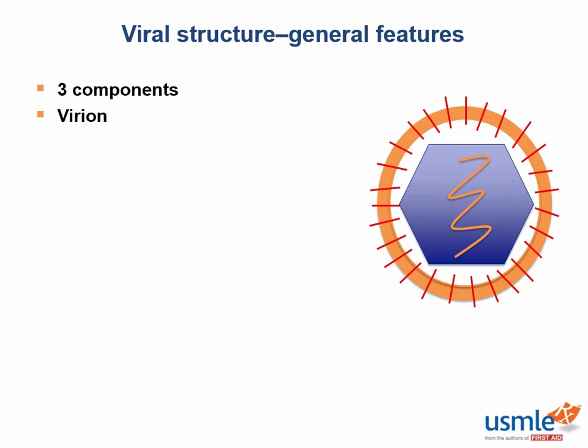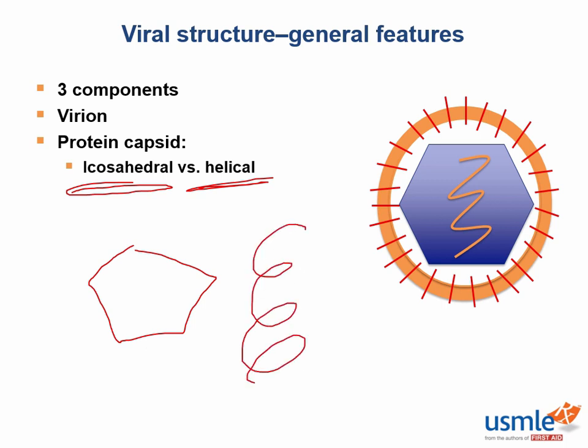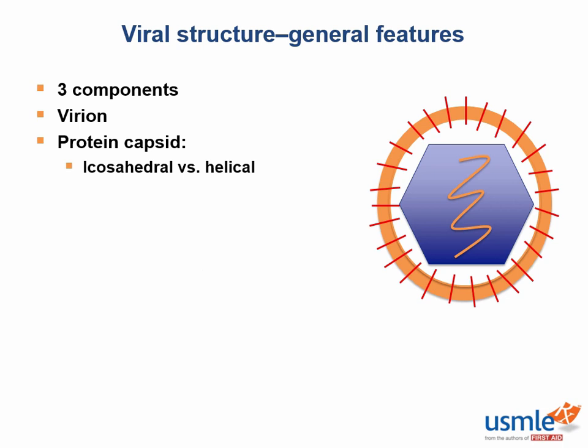The protein capsid can take one of two shapes. The key shapes it can be are icosahedral or helical. Icosahedral is like a polygon structure here, a pentagon structure, while helical is like a helix, like that. The protein capsid has a number of important functions, but I want to spend some time focusing on two.